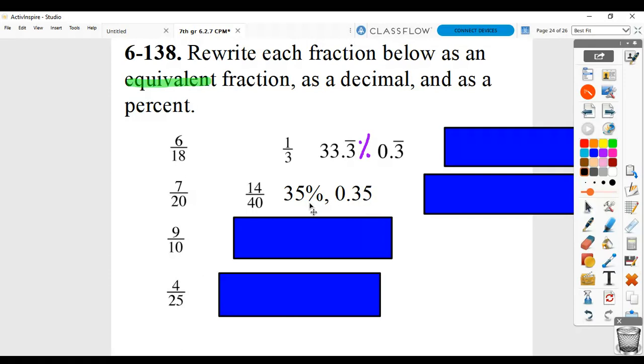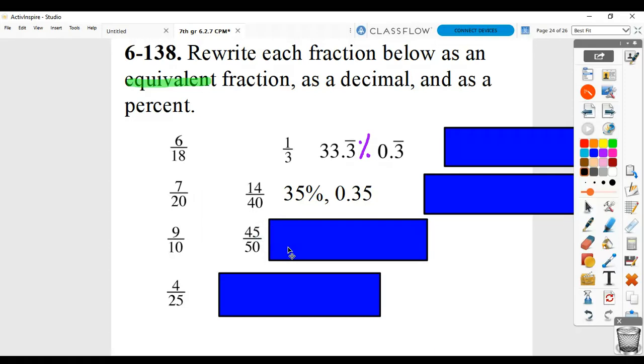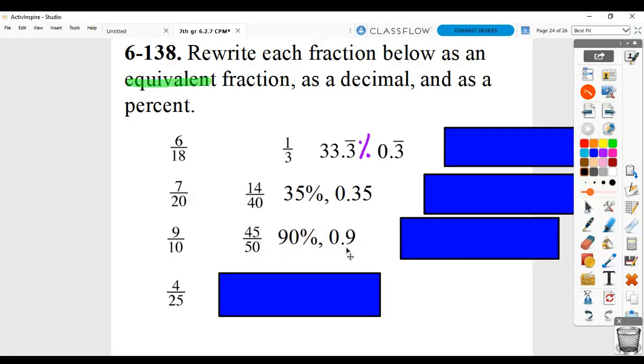And then that, of course, is 35%. 9/10, an equivalent fraction of that would be, in this case, I went multiplying by 5 top and bottom, so 45/50. But you could have multiplied by 2 top and bottom and got 18 over 20. I just thought this would be easier to get to a decimal, which was 0.90 or 0.9, which is 90%.